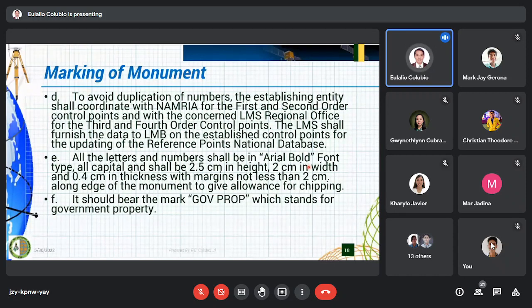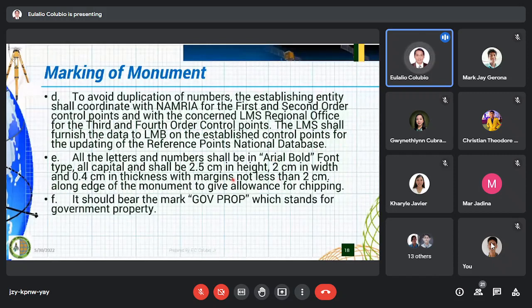And also if you are going to inscribe in a concrete, kanang basa pa nga cement to, dili advisable ang kanang mga Gothic style, di ba? Kay naman ikog-ikog na. Liki ang simento ni mga ana. So that's why it is simplified as Arial bold nga font style.